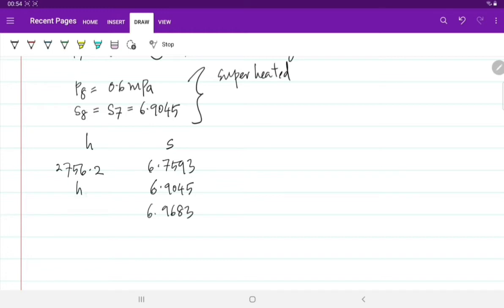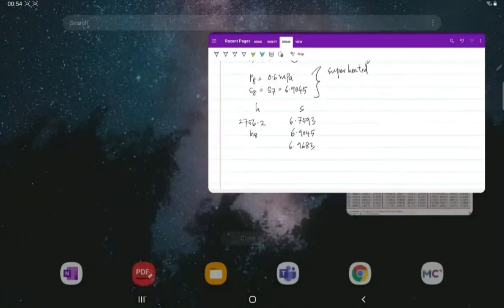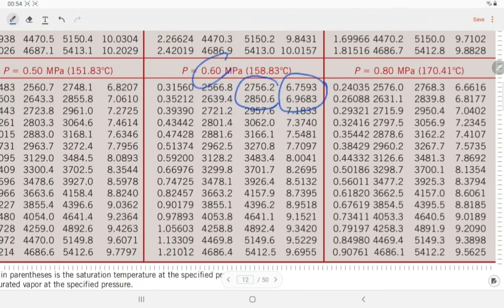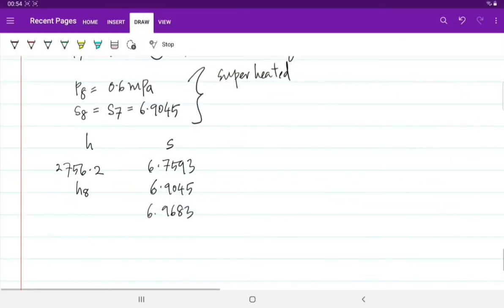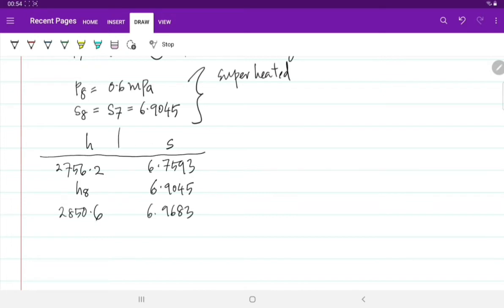This is the enthalpy at number 8, and the corresponding enthalpy at the bottom, 2850.6. So this is the table that you want to find.